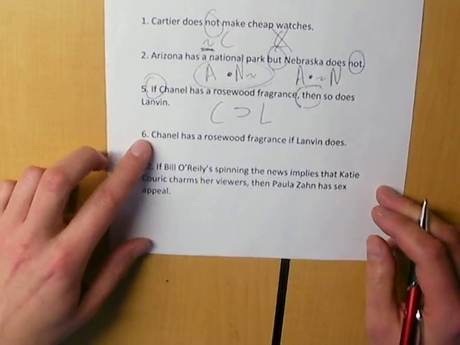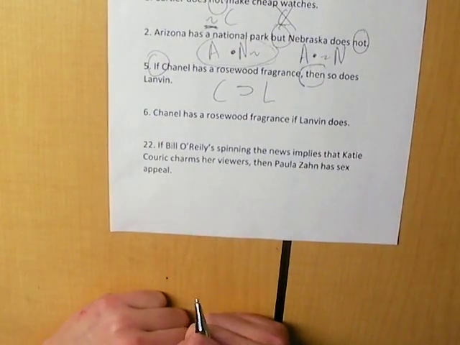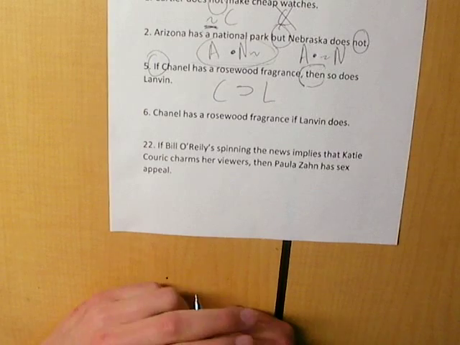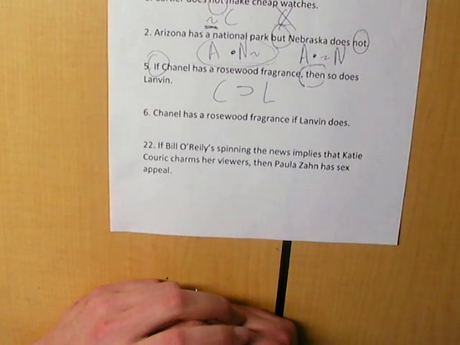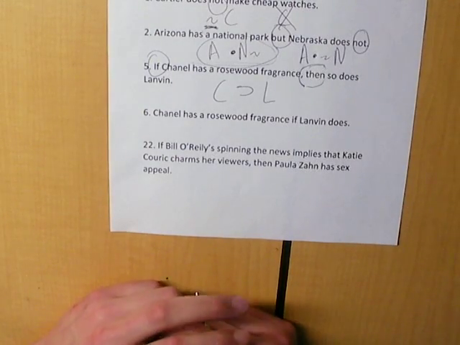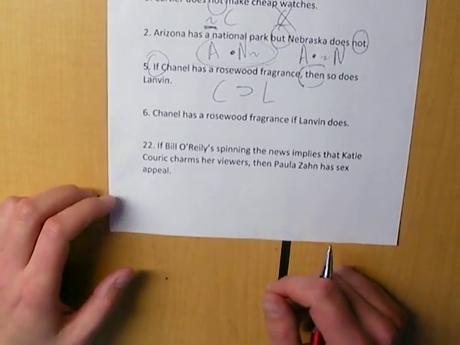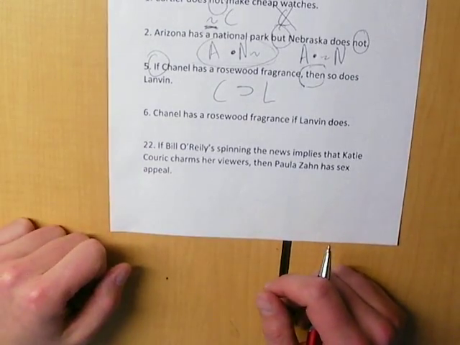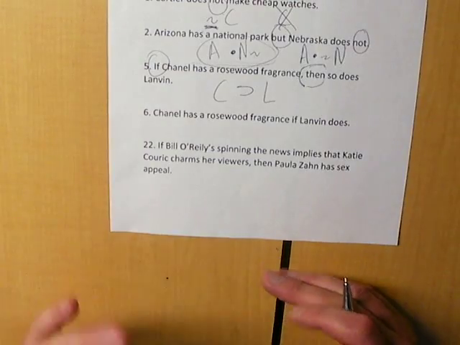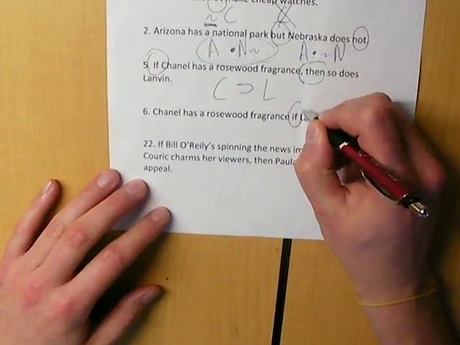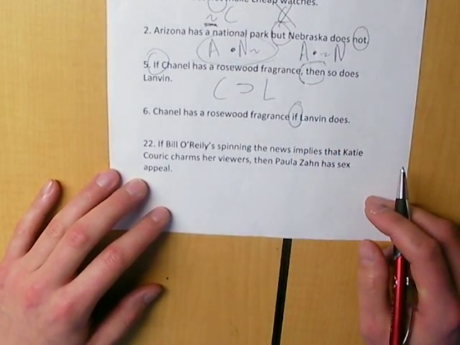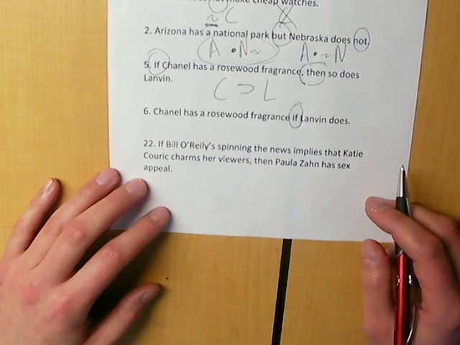That's a real basic one, but compare and contrast it now to number 6. Similar language, but ever so slightly different. Chanel has a rosewood fragrance if Lanvin does. So number 6, unlike number 5, doesn't say if-then, it simply says if. That's a subtle distinction to make, but it's an important one.